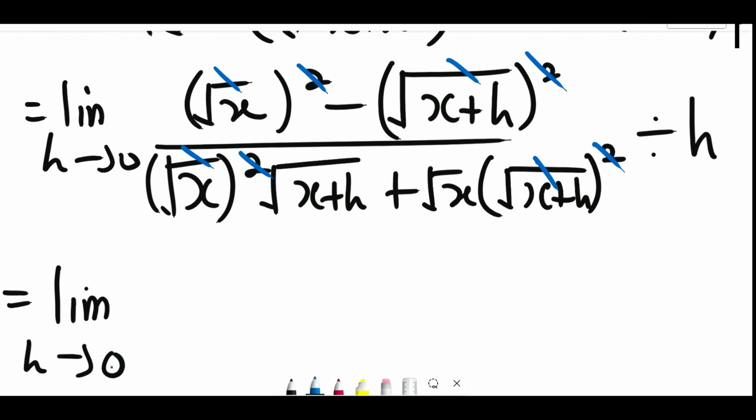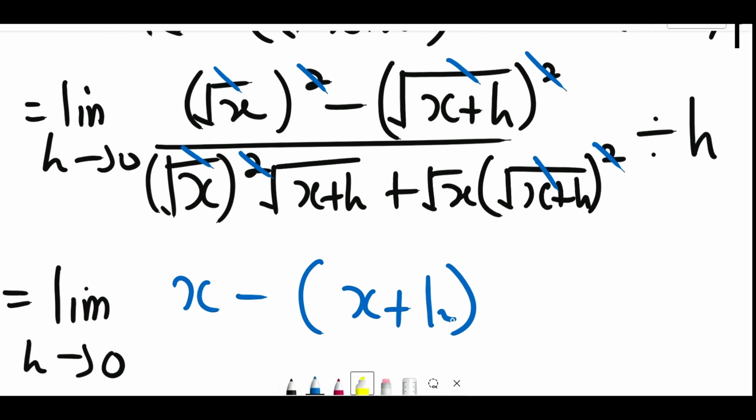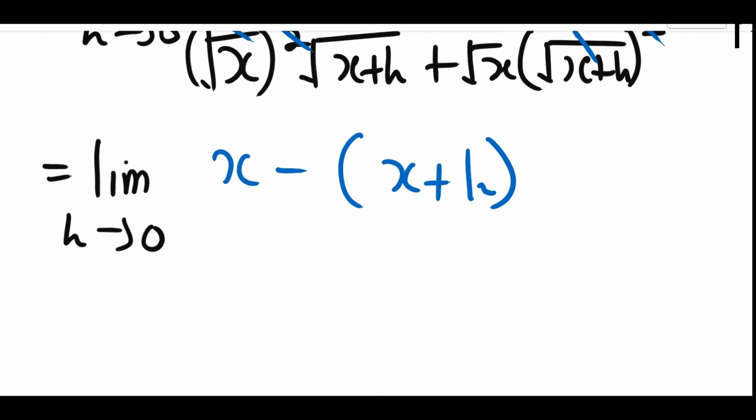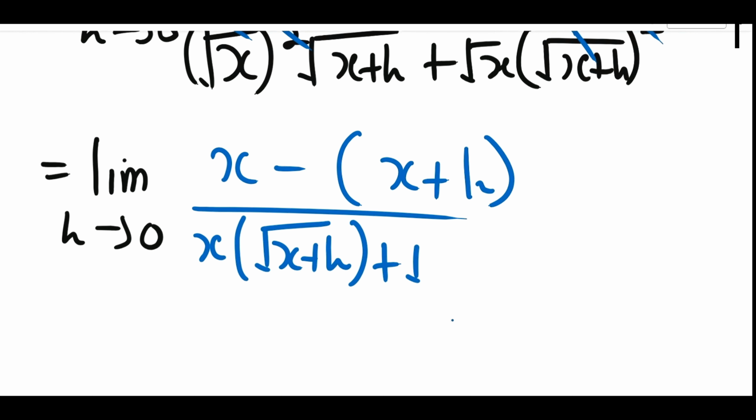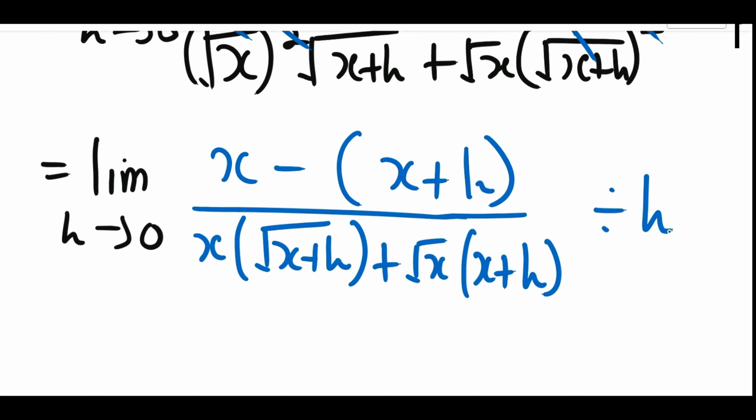So you'll be left with x minus the bracket open x plus h, then all divided by x multiplying square root of x plus h bracket, plus square root of x also multiplying x plus h in another bracket. Alright. Then all divided by the h.